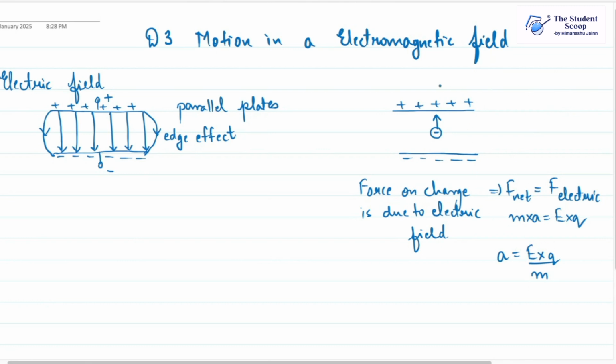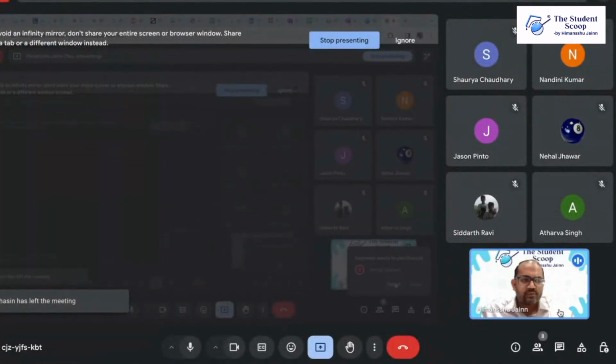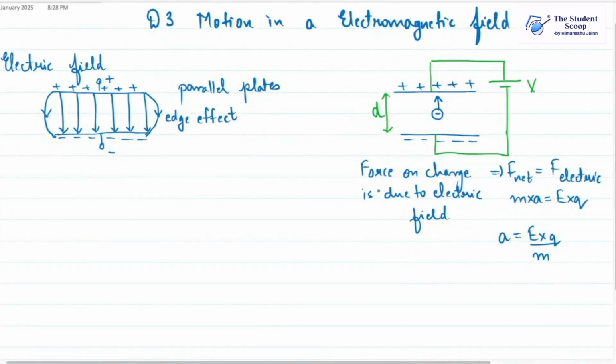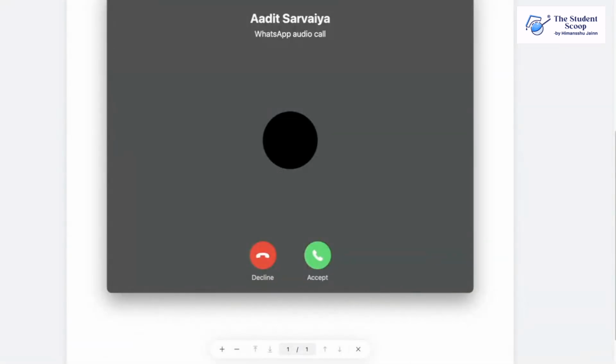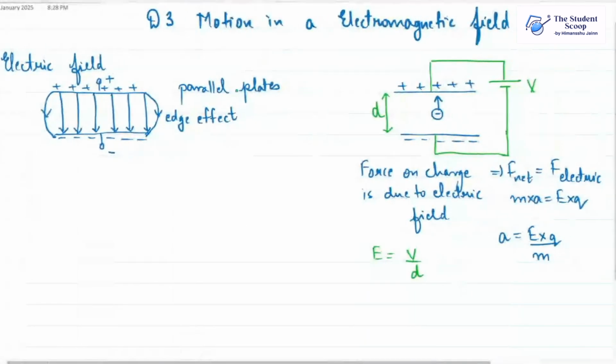At times examiners do not give us the electric field value directly, but they tell us the top plate is connected to a positive end and the bottom plate to a negative end. The plate to plate distance is given as d, and the potential difference is, let's say, V. If we are aware of this information, then the electric field is also equal to V by d.